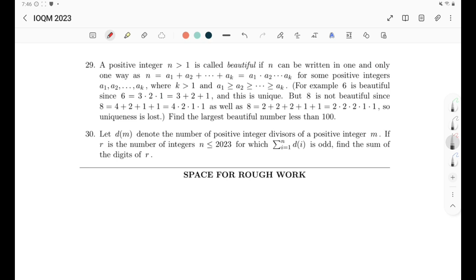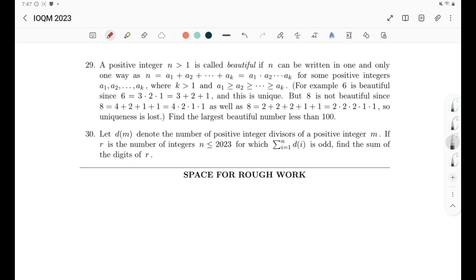They are calling a number n beautiful if n is written in one and only one way, as a sequence a1 to ak. N is the sum of a1 to ak, and also the product of them, and they are equal. They are writing them in descending order.